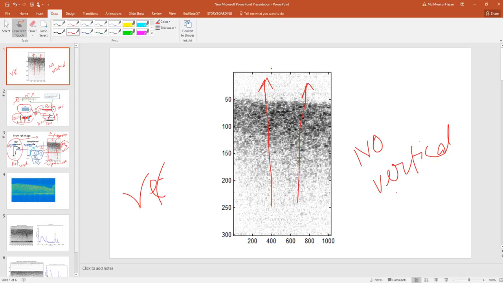When we generate the reference arm depth profile, we are averaging all the A lines in this direction and generating one reference arm depth profile for all the 1024 A lines. So it's very important to make sure that your data has no vertical streak. If there is a vertical streak, there are other methods I will describe later on.